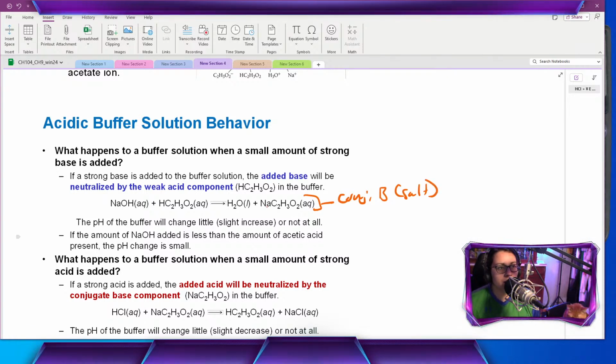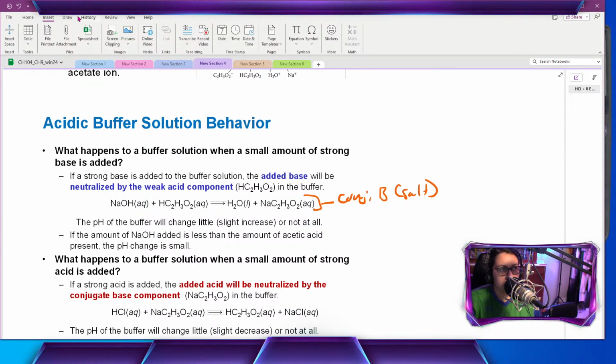And so again, Le Chatelier's principle, even though the reaction makes our salt, we have some of this that can reform our acid from Le Chatelier's principle, right? Because adding this has stressed our system. We've made a lot of product, and then it's going to want to go back to equilibrium and again reform some of our acetic acid. So that is how our pH either increases slightly or not at all.